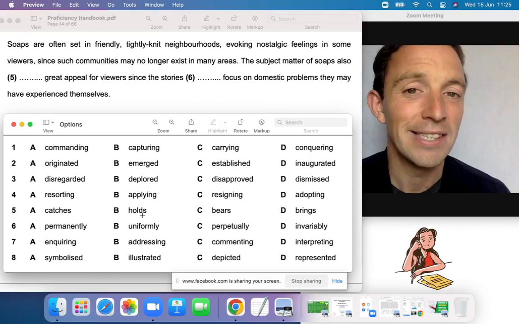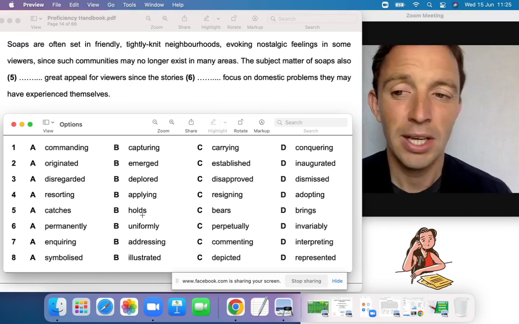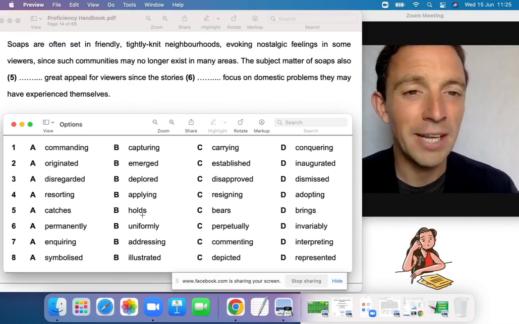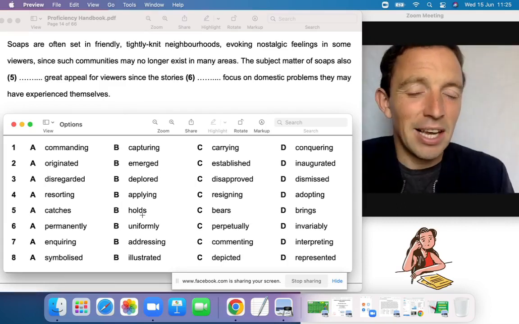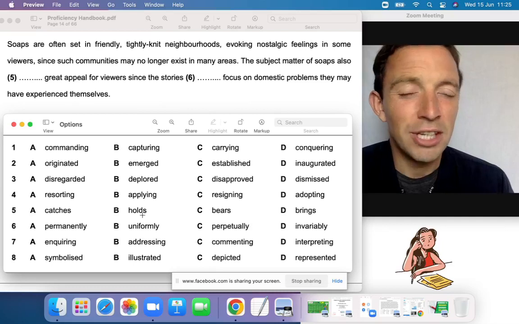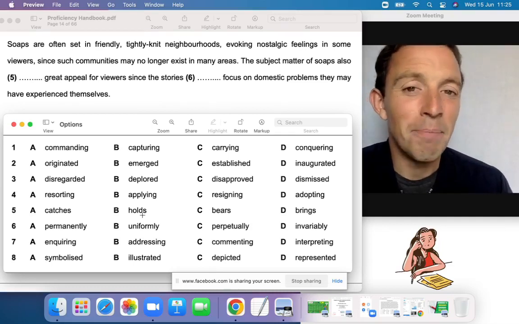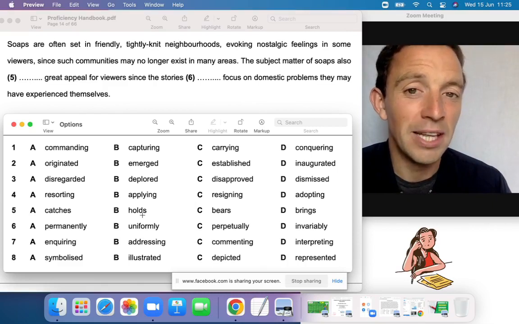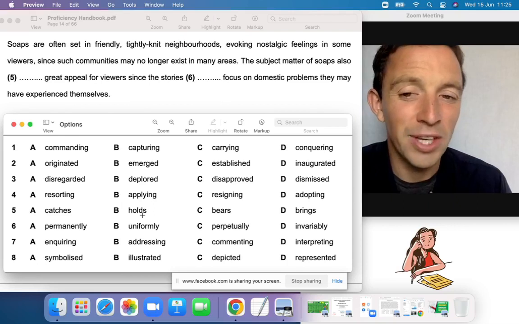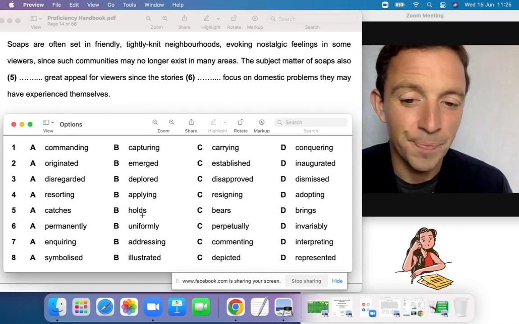Your holdings are your possessions. So hold great appeal is possible. That means it possesses great attractiveness. It possesses an ability to attract. So in fact, it's very, very fluent. To hold great appeal is a very typical expression, and it's very good quality to hold great appeal for viewers.